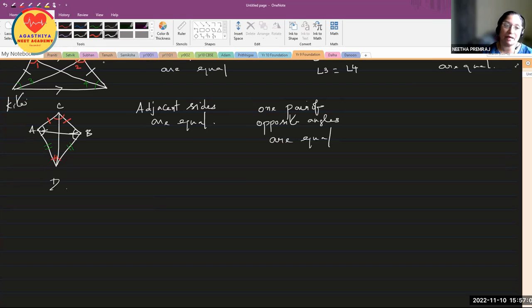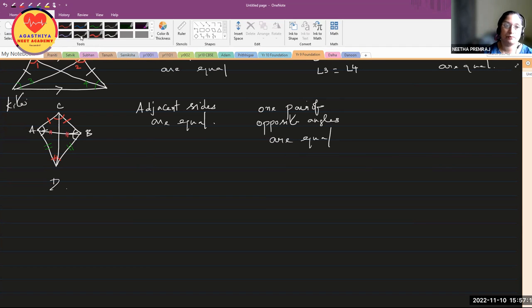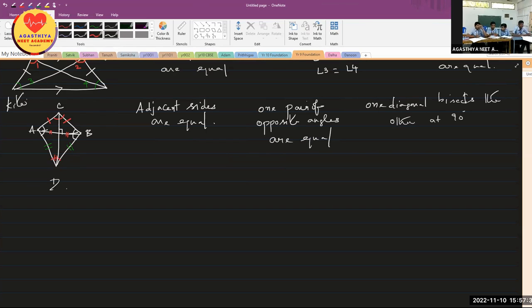It is bisected by the other diagonal at 90 degree. This AB is bisected, but not CD. The angle between the diagonals is 90 degree. This way you can say one diagonal bisects the other at 90 degree.